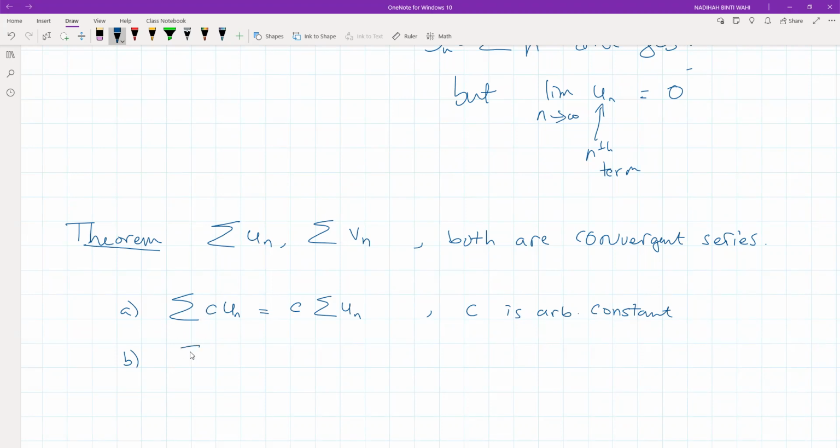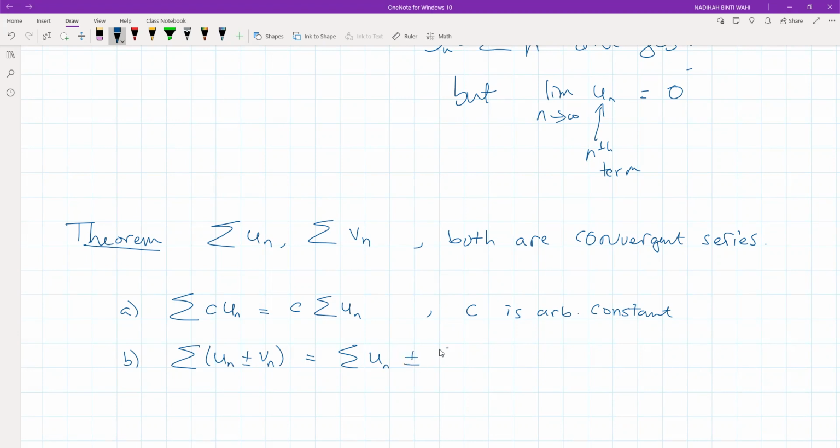Okay, the same thing if you have the summation of u n plus or minus the series of v n. You can also do it separately. So in this case, what do you call it? Distributive. This is like the distributive property in algebra.